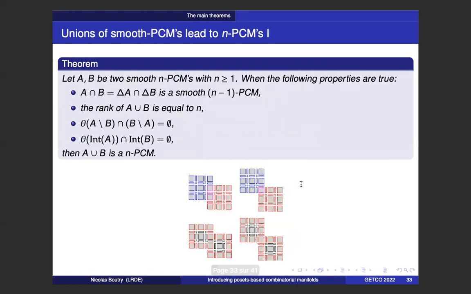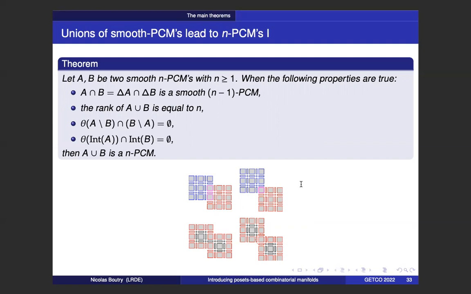And there is another, which is kind of a maze for me, because in fact, if we take two smooth PCMs this time, and we just try to overlap one PCM over the other one, and the shared part, for example, over there, is still a PCM of dimension n-1, the union will be not a smooth PCM, but a PCM.